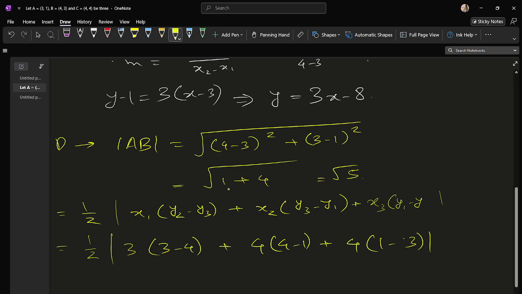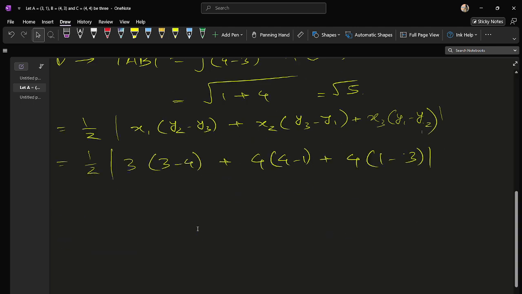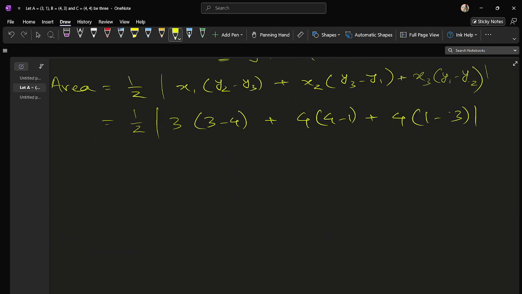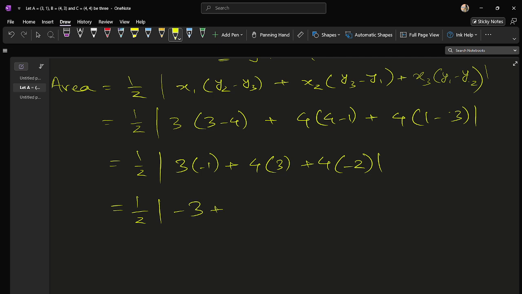So we get half times the modulus of 3 into minus 1 plus 4 into 3 plus 4 into minus 2, which is half times the modulus of minus 3 plus 12 minus 8.